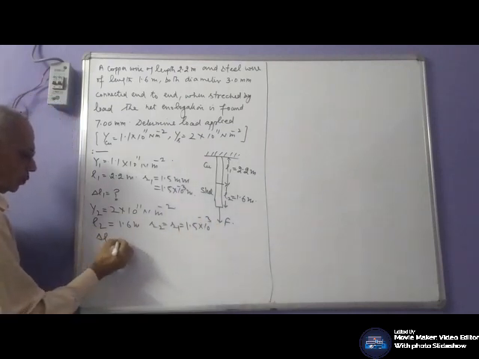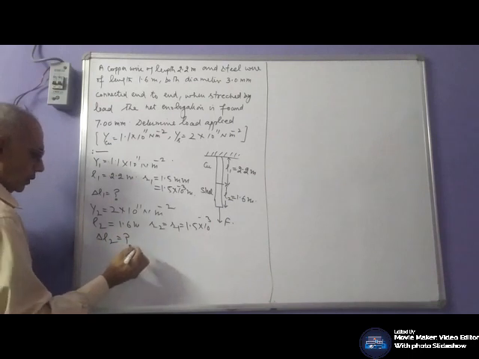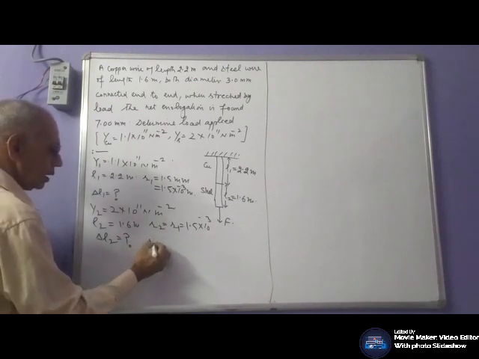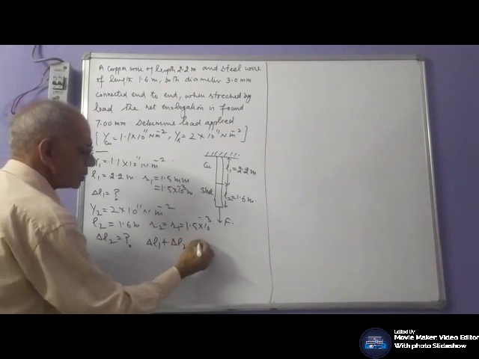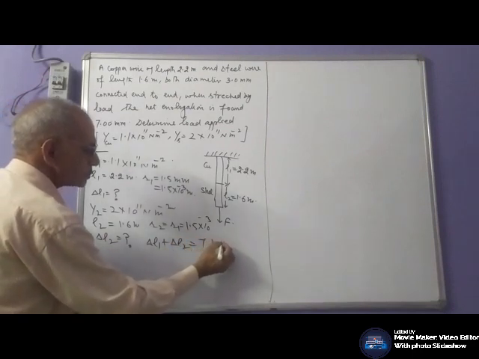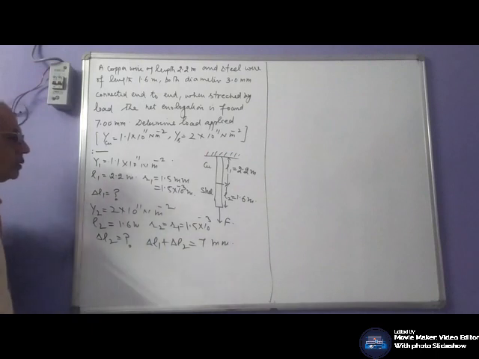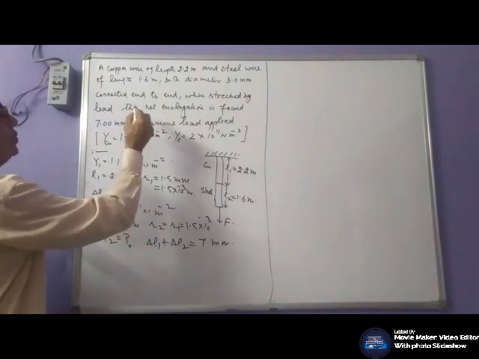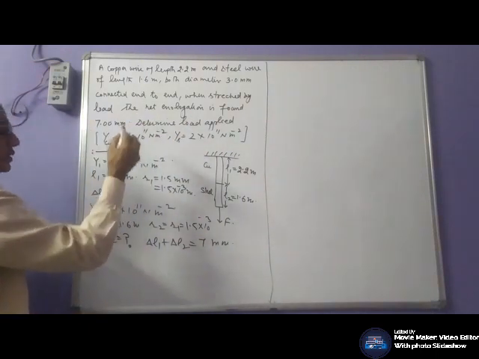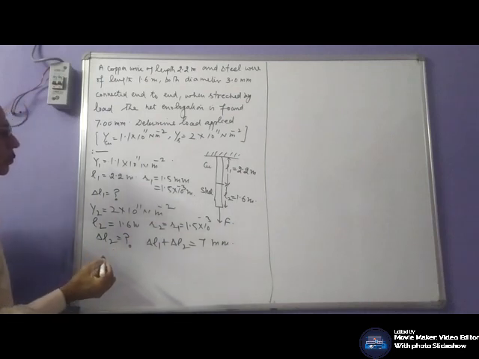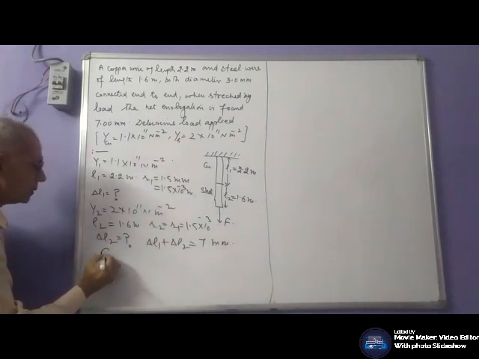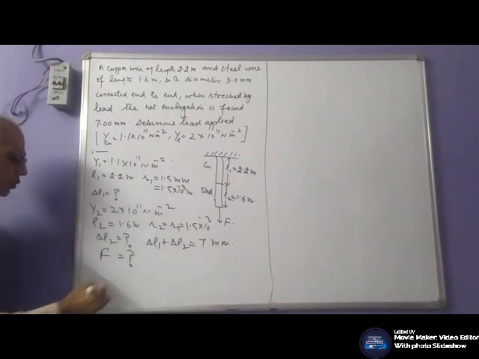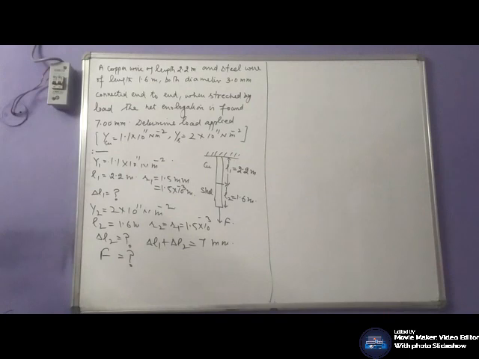Delta L2 is not given, and delta L1 plus delta L2 is 7 millimeter, the net elongation found. Determine the load applied. We have to find this. This is the question.